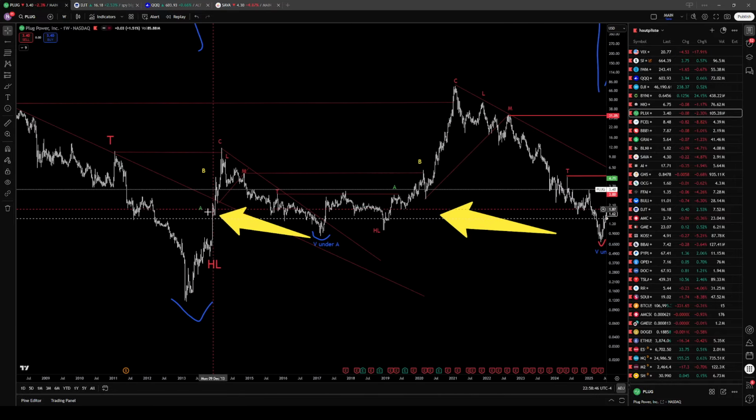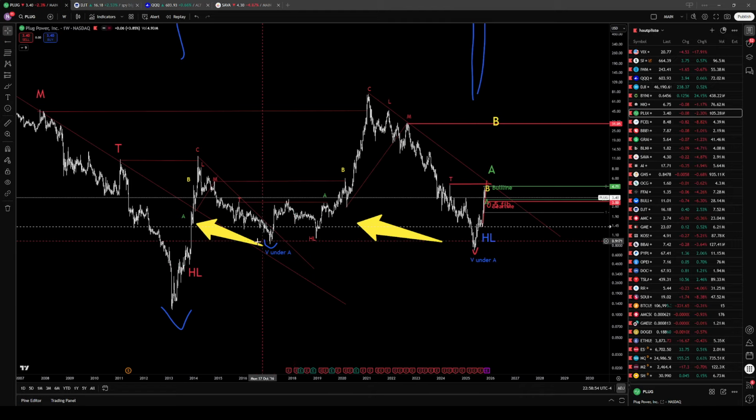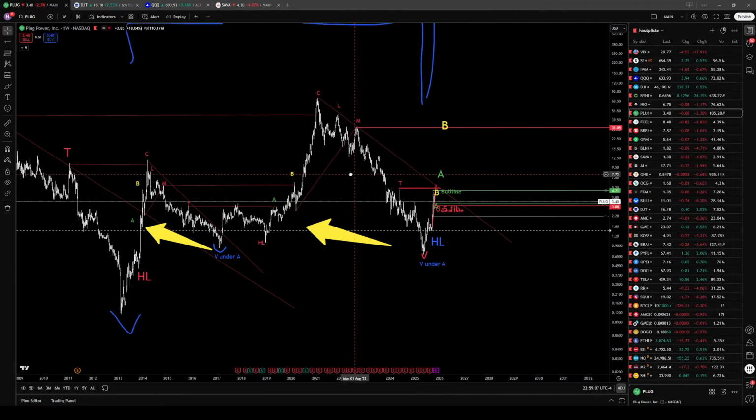Then you do the small tracking with A, B, C, lower high, midpoint T, perfect V&A. We start the next one, V&A, high low, A, B, C. Do a lower high, a midpoint T, and fall again to your V&A.